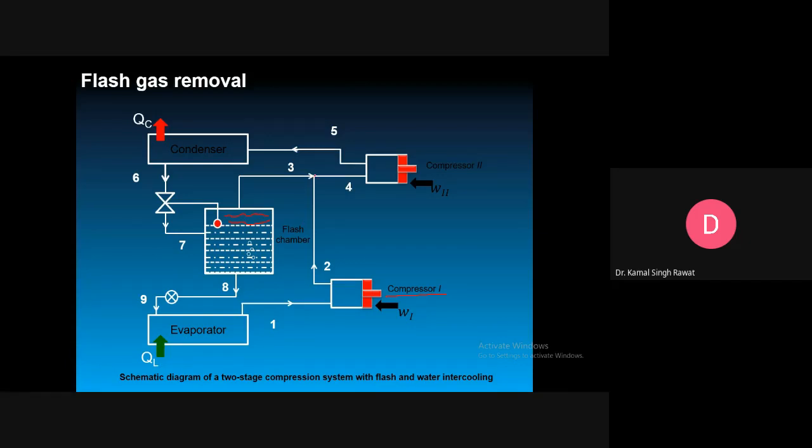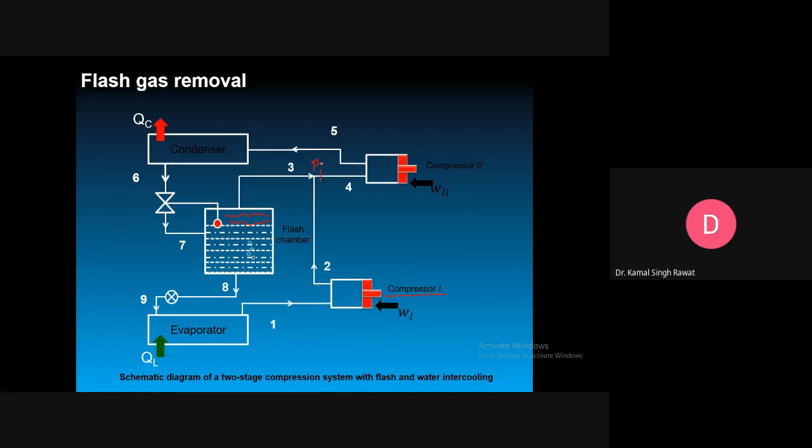So at this point the pressure is Pi. Once we see the PH diagram of this flash gas removal system, this system will be more clear to us. So let me explain, then we will discuss the PH diagram.